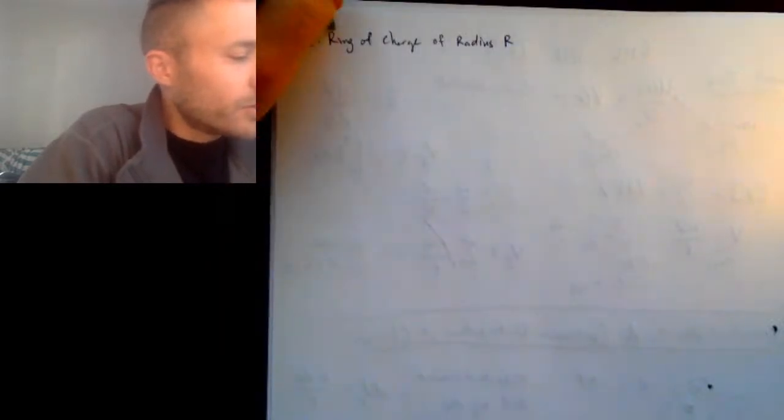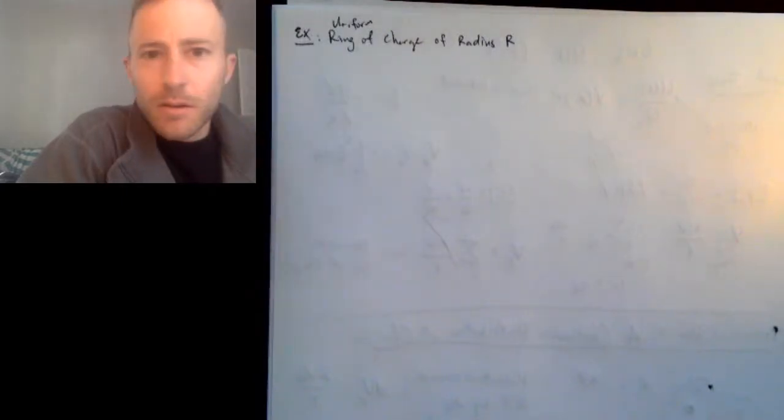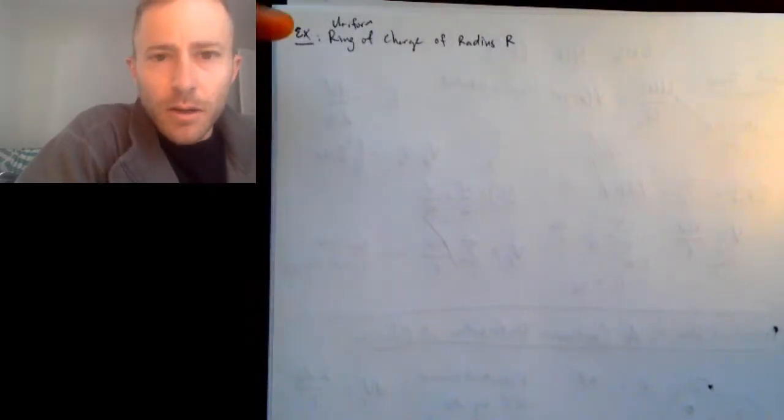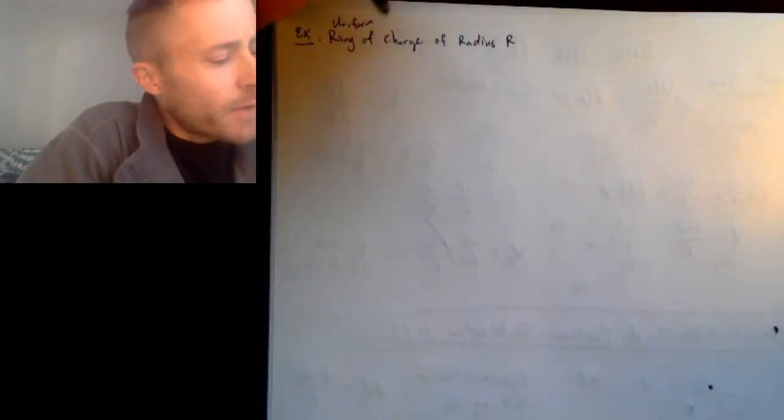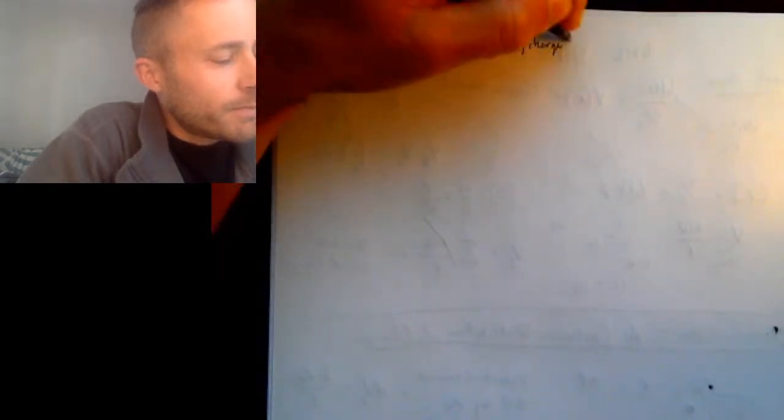Oh, and it's going to be a uniform ring of charge. It's a uniform ring of charge of radius r and total charge q.